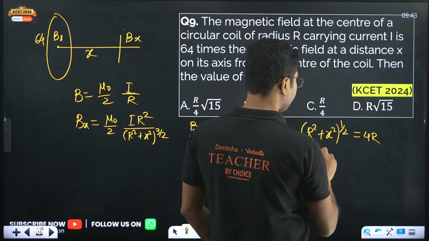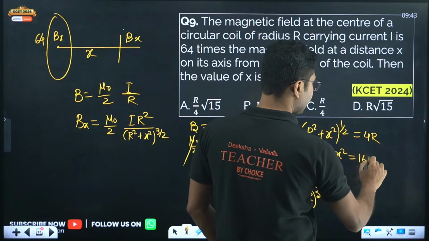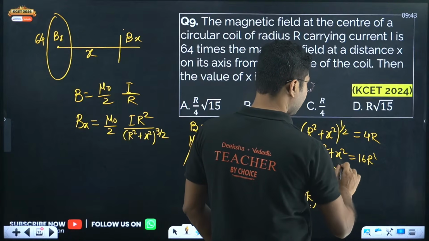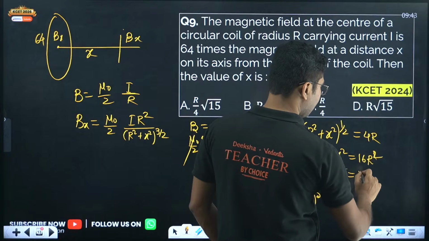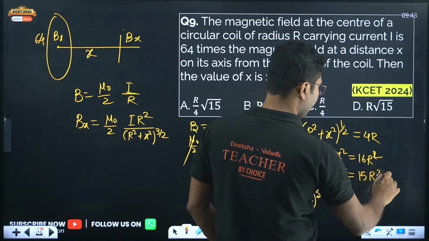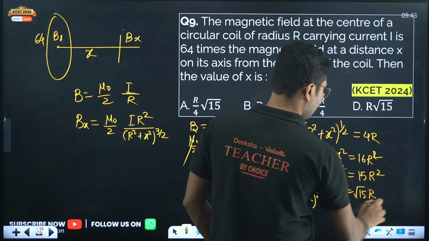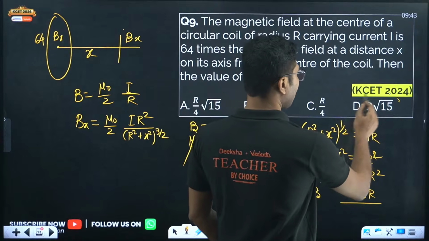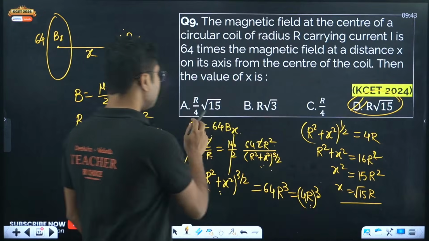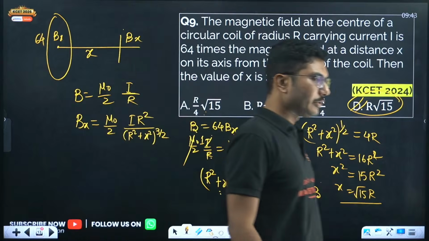Now square both sides, you get R square plus x square equals 16R square, or x square equals 16 minus 1, that is 15R square, so x equals square root of 15R. So the correct answer is option D, not this one but this one. If you solve properly, you will get the answer.